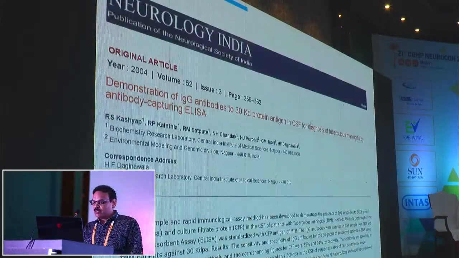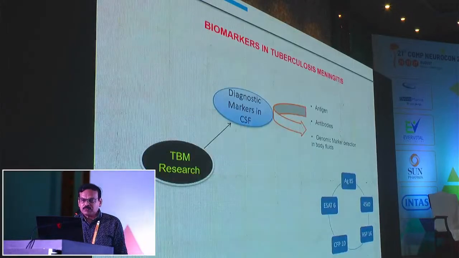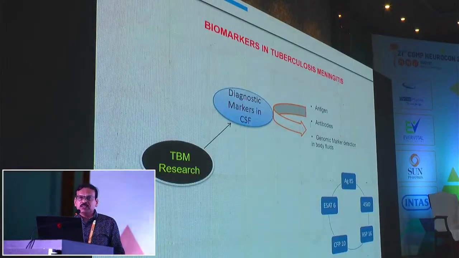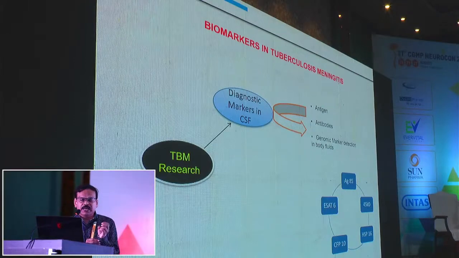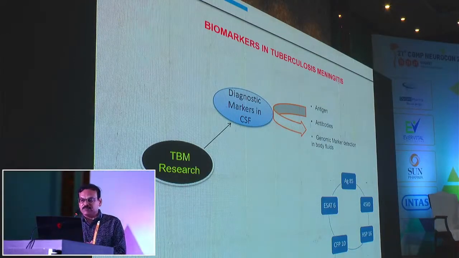Then we thought that if the antigen is present in the CSF, there should be antibodies also present in the CSF. And then we looked at IgG antibodies, and we found positivity of this in around 85% of cases. So subsequently, since we had this 30 kD antigen with us, we looked at various other biomarkers in the CSF for tuberculosis.